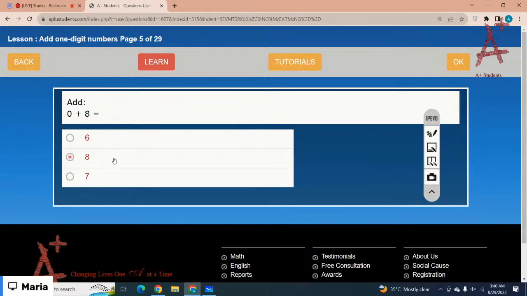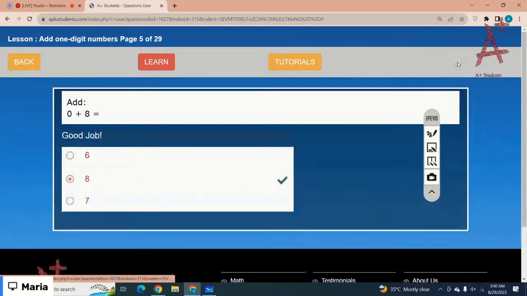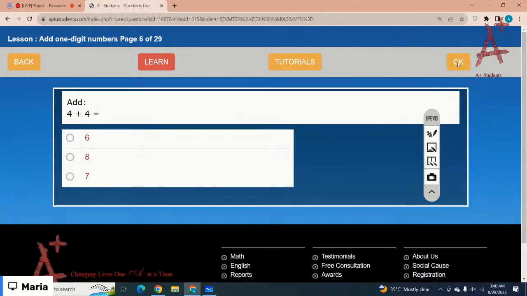The correct option is 8. 4 plus 4 makes 8. The correct option is 8.